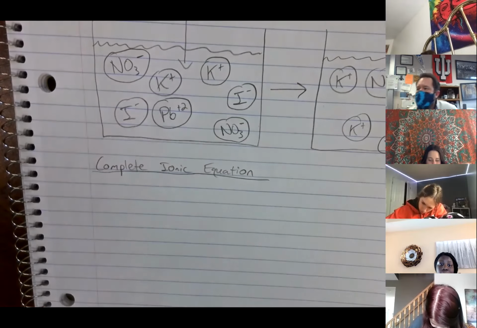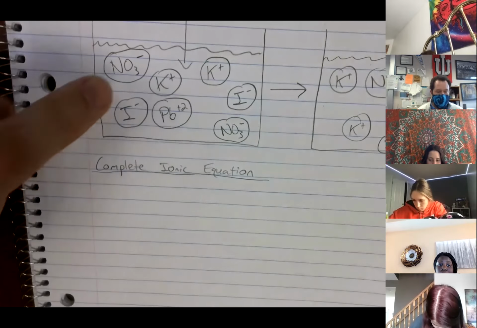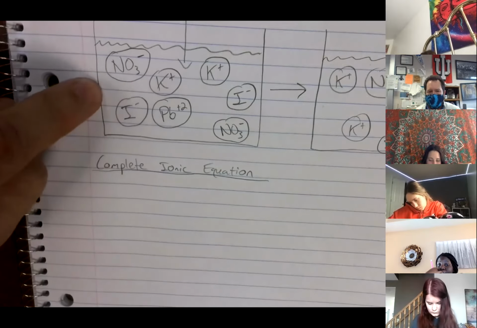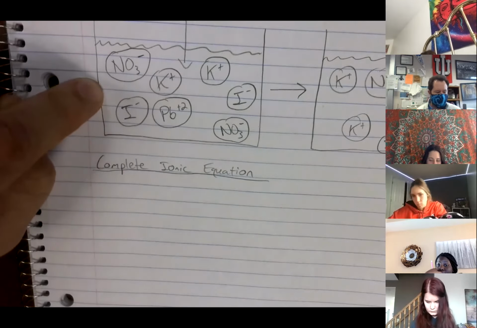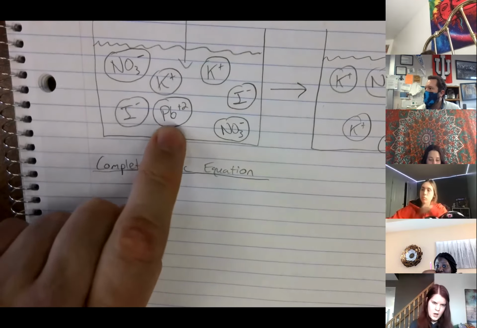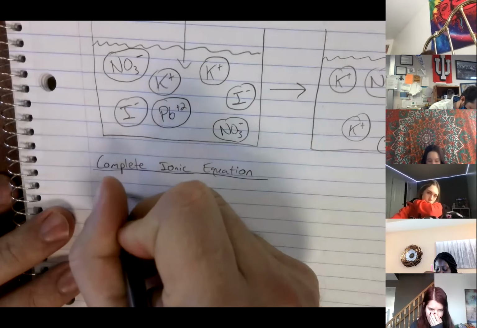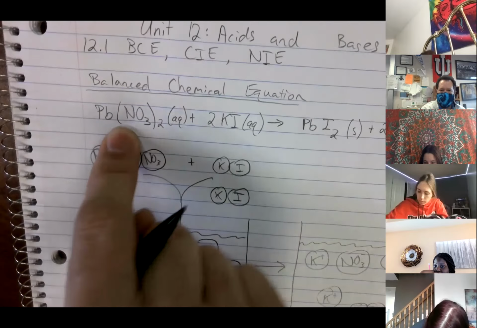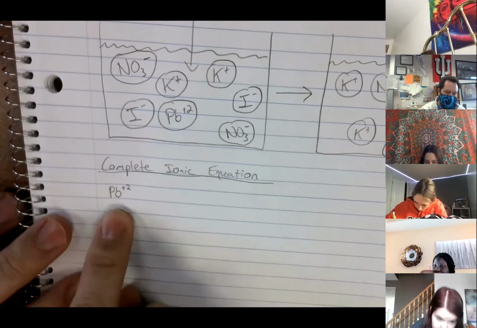For the complete ionic equation, again, we're just doing a better job of describing what is actually happening. All right. Well, really, what we really have is one ion of lead. So you've got an ion there. He's not like he was up here. He's not bonded to anybody. Really, he's just kind of floating around in the water.